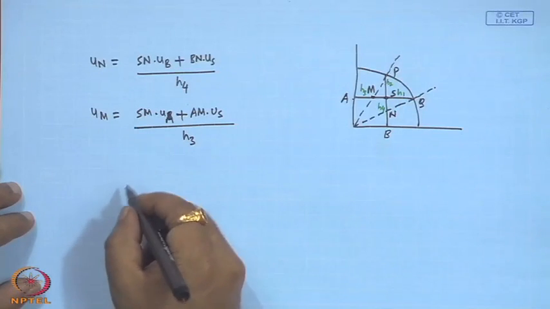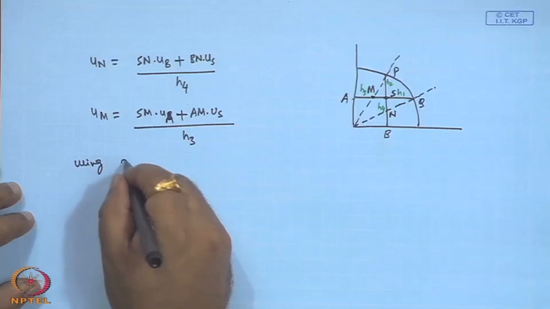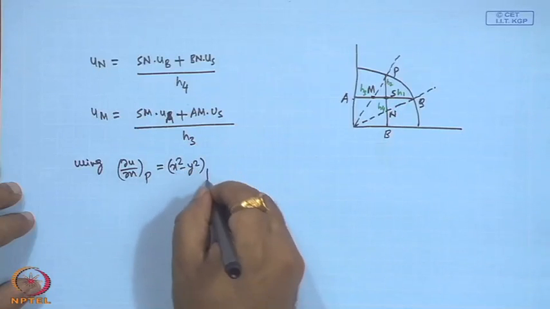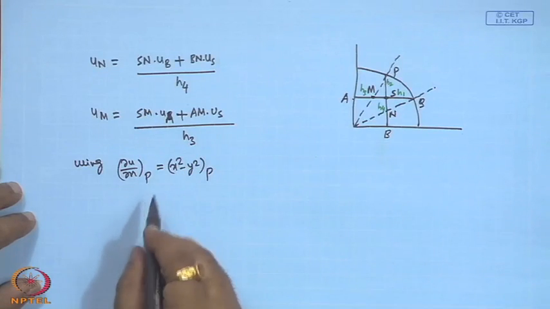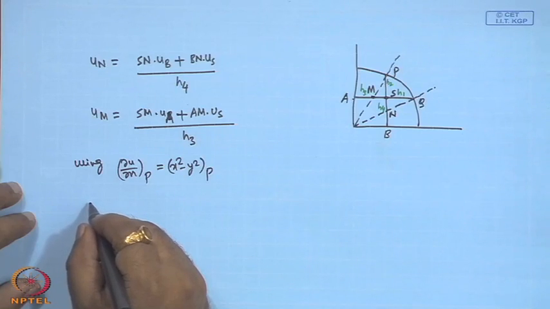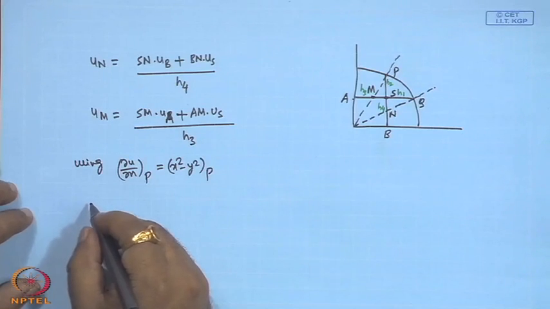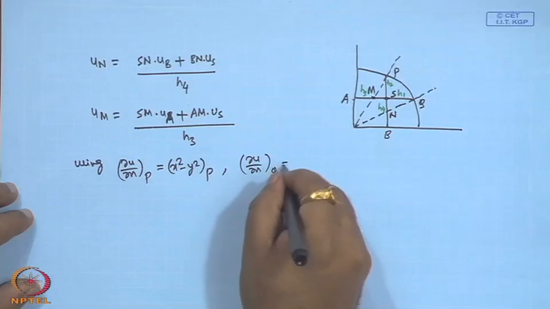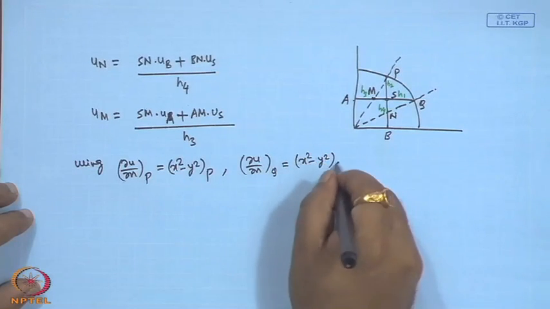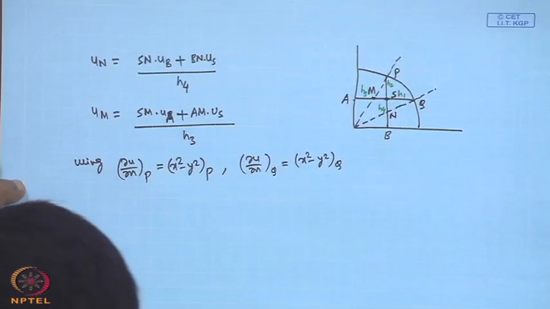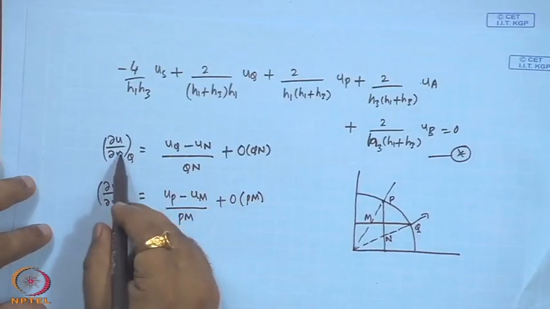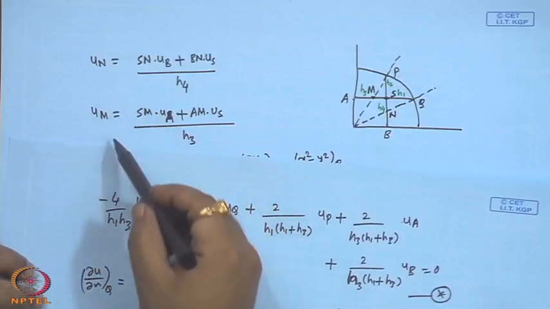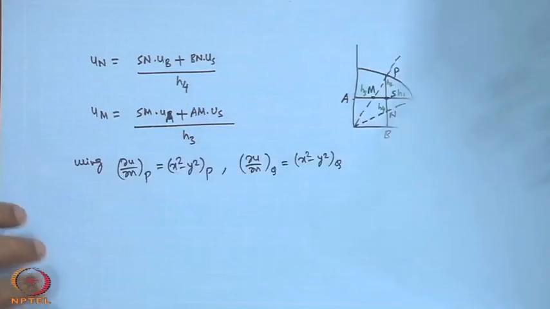So, now using this Neumann data, both at P and Q, and we have computed earlier the normal at P and Q. Moreover, we have computed u_N and u_M via interpolation. So, now we combine this.